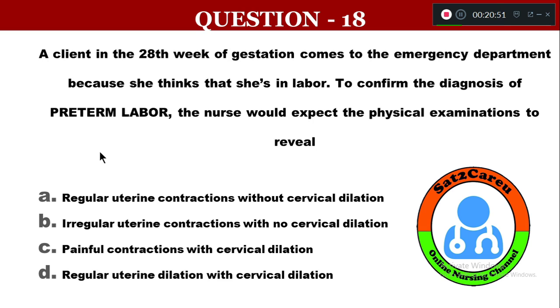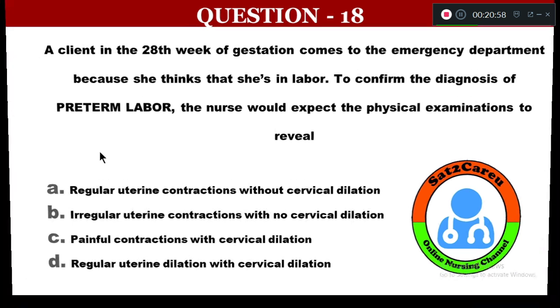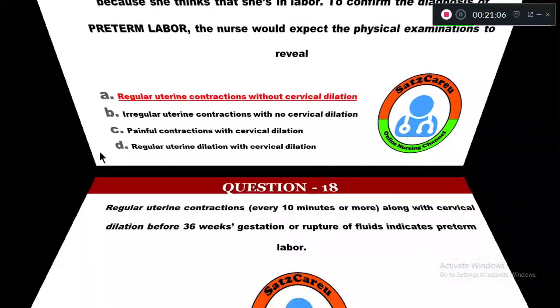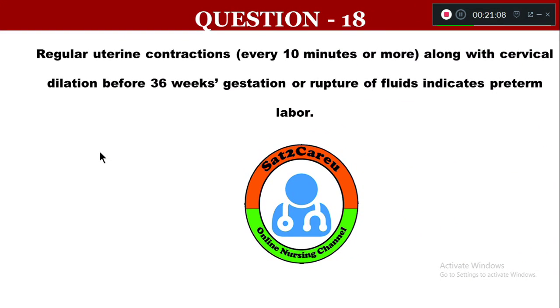So which physical examination finding reveals that the client is in preterm labor? The right answer is option A, regular uterine contraction without cervical dilatation. So the rationale is regular uterine contraction, that is every 10 minutes or more, along with cervical dilatation before 38 weeks of gestation or rupture of fluids indicates a preterm labor.